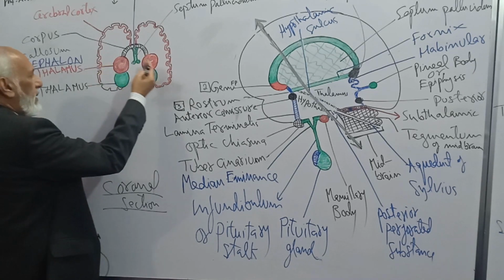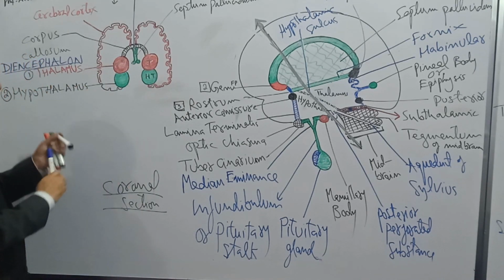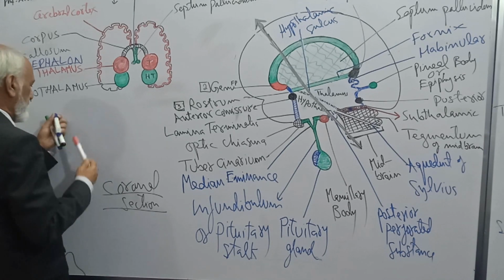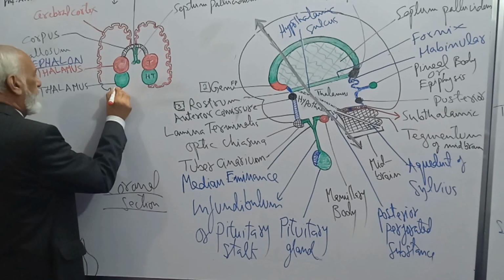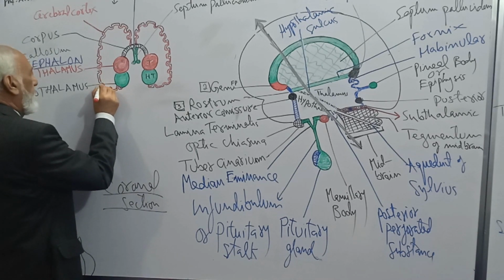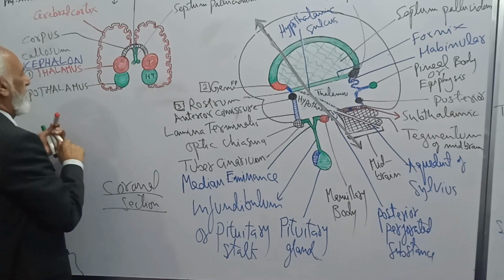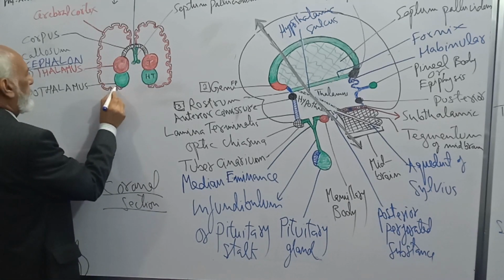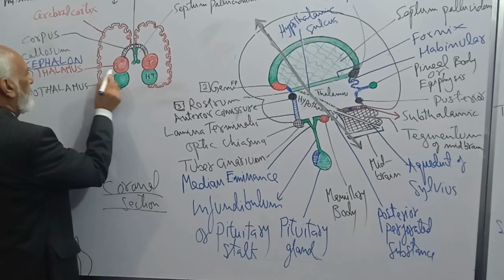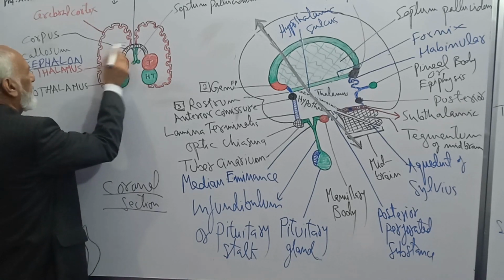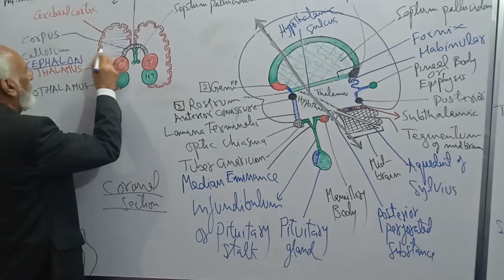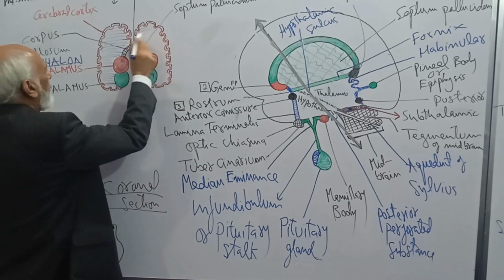Right diencephalon, left diencephalon. This is white matter. Outside this is gray matter. So all these structures are embedded in the white matter. This is white matter of each cerebral hemisphere.